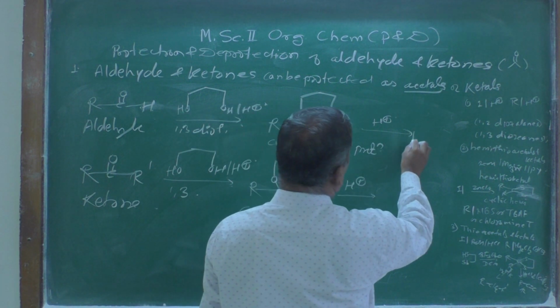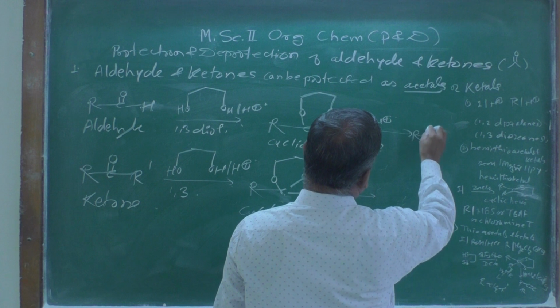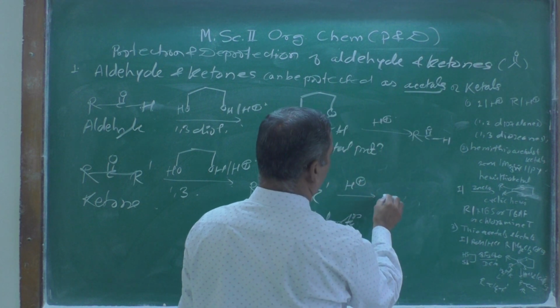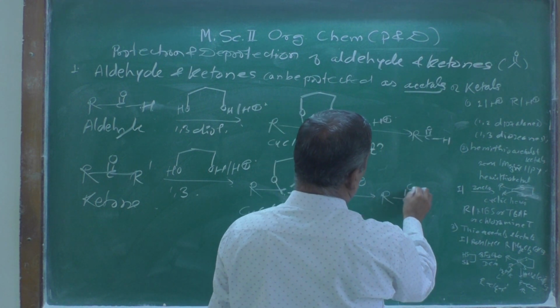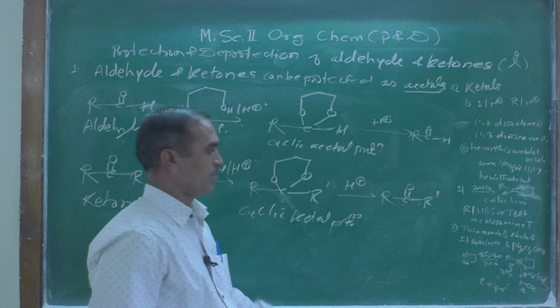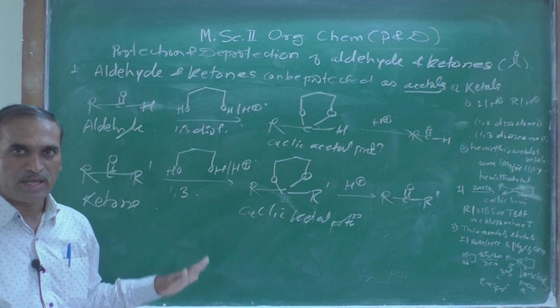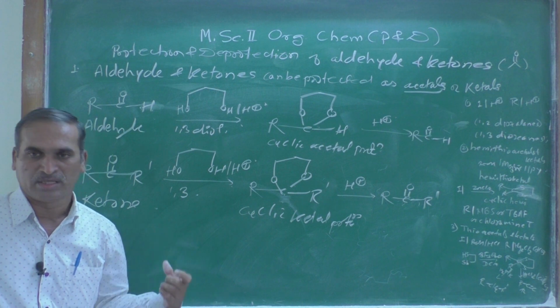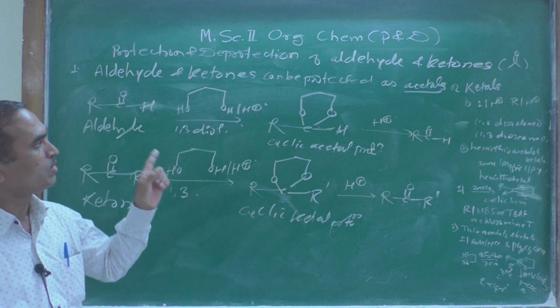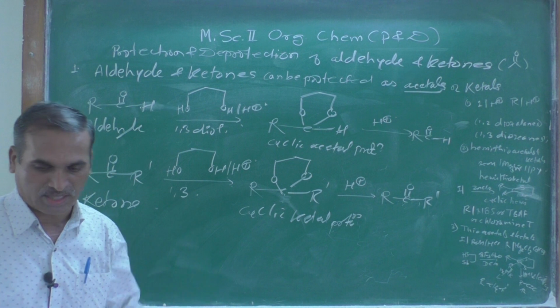The resulting compound will be RC double bond O, R dash aldehyde, and here RC double bond O, R dash ketone. So this is the mechanism which we have seen for 1,2-diol, it remains the same.